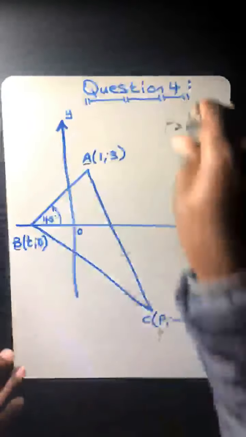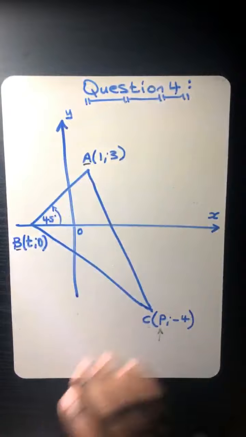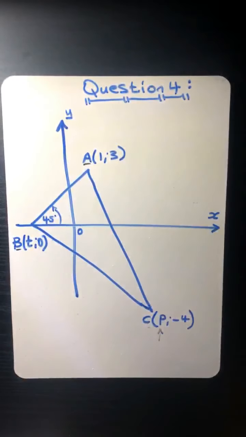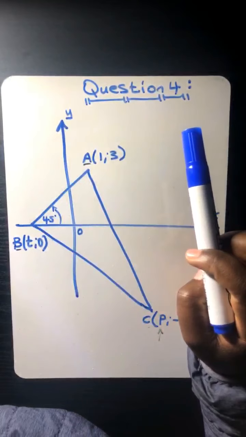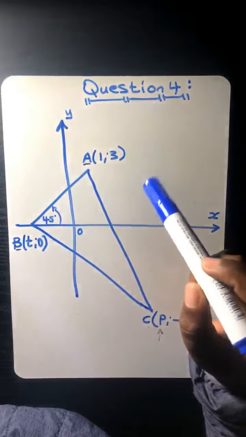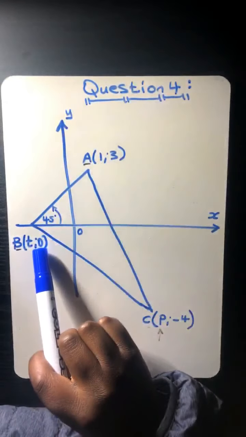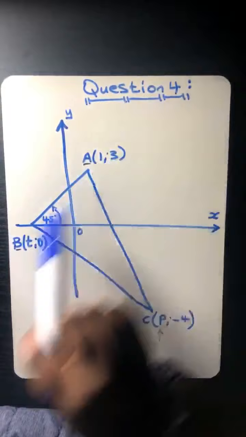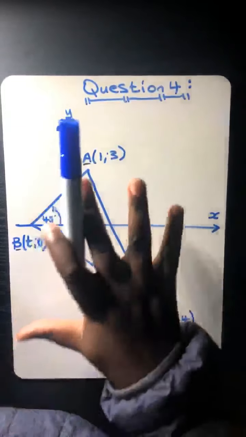So as we continue, it says in a Cartesian plane. That's what they've spoken about regarding what is represented on a Cartesian plane. So just to read it for the last time, they're saying triangle ABC is a triangle with vertices A, B, and C having those coordinates, with P being greater than 0, on a Cartesian plane.